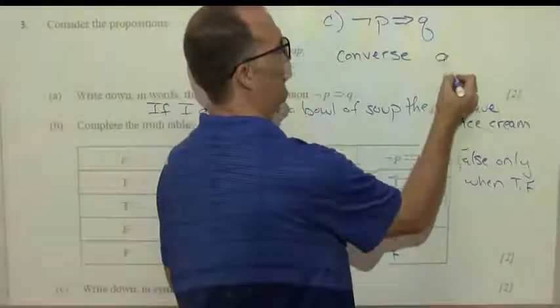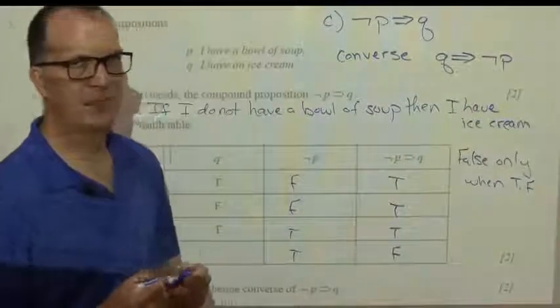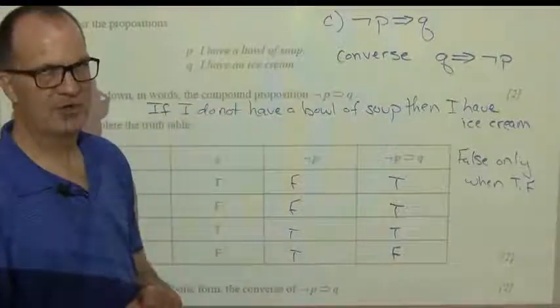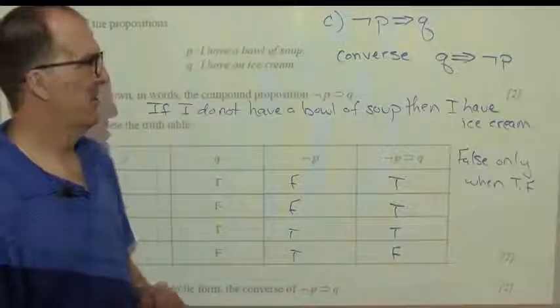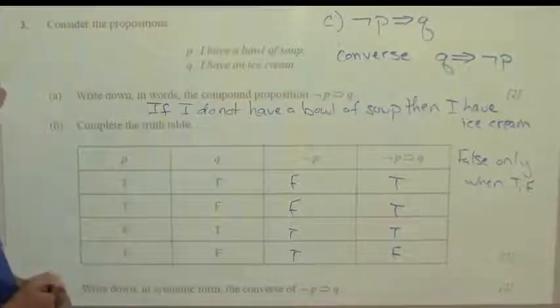So the converse is if Q, then not P. Again, you are going to have to remember what we do when we have converse, inverse, and contrapositive. And that's it for the logic question.